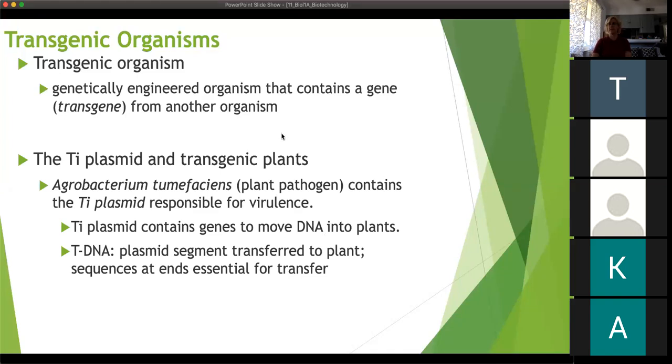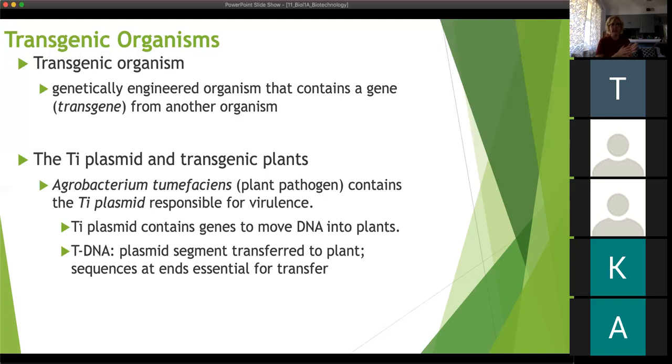In order to modify plants, scientists have actually taken advantage of bacteria. There's a bacterium called Agrobacterium tumefaciens. It causes tumors in plants. And it has a particular piece of DNA called a plasmid. In bacteria, they'll have a chromosome, a big piece of DNA, and then sometimes they can have little tiny pieces of DNA called plasmids.